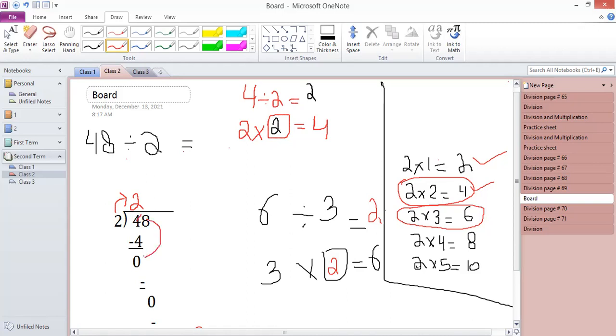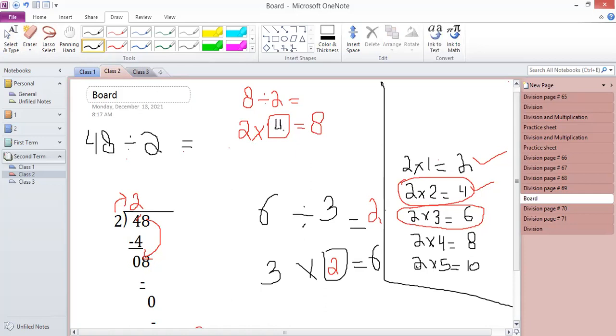Now put 8 down. Now it's time to divide 8 by 2. You have divided 4 by 2, now you will divide 8 by 2. Again, you will check the table of 2: 2 multiplied by what will give you 8. 2 1s are 2, 2 2s are 4, 2 3s are 6, and 2 4s are 8.